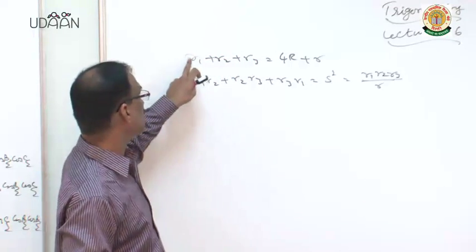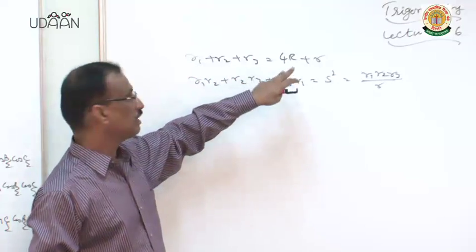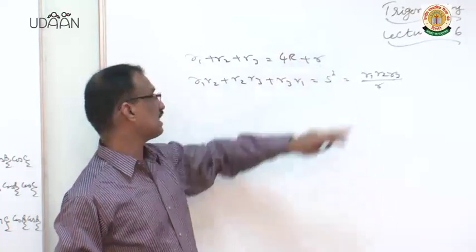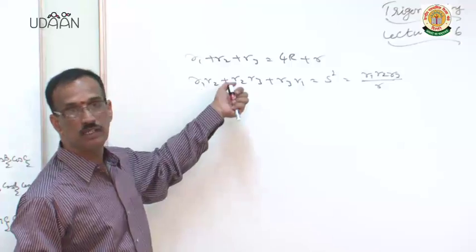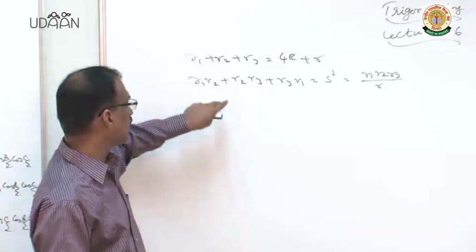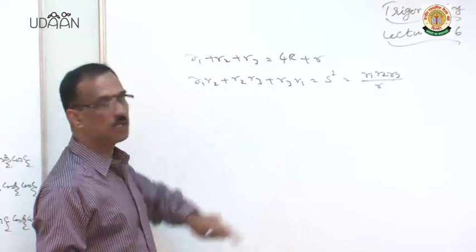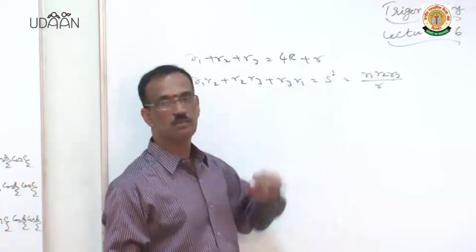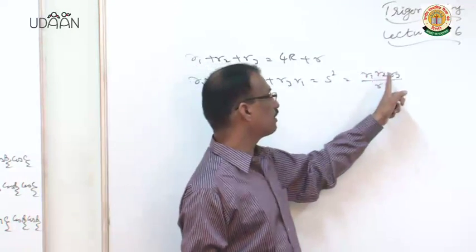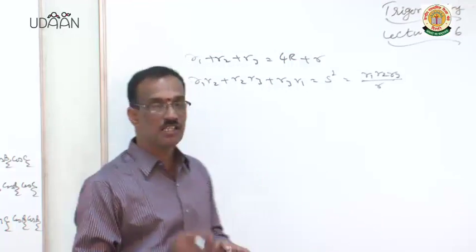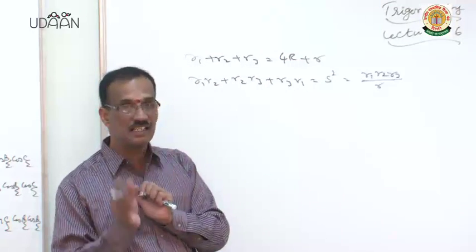We have the sum, that is R1 plus R2 plus R3 equals 4R plus r, and the product of two taken at a time, R1R2 plus R2R3 plus R3R1, is equal to S square, that is equal to R1R2R3 by r. So these are the escribed circles and incircle.